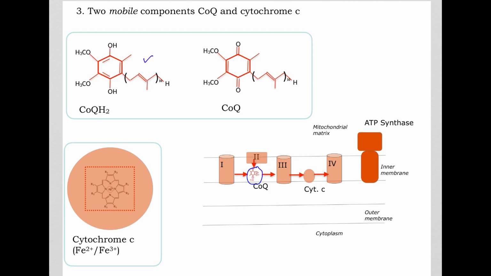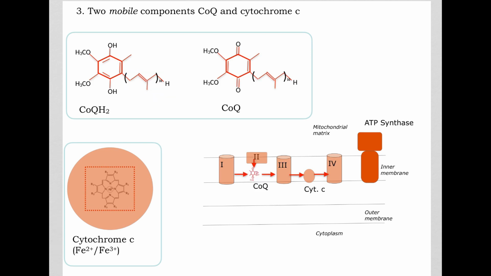You can see the structure here. It has a very long tail. This part here is repeated 10 times in humans, and that's why sometimes we call it coenzyme Q10. It is very hydrophobic, so it travels in the membrane. This is a mobile component, so it can travel along in the inner mitochondrial membrane.